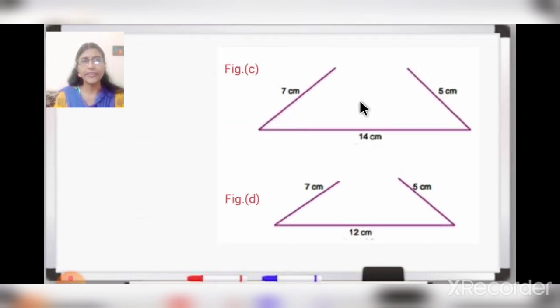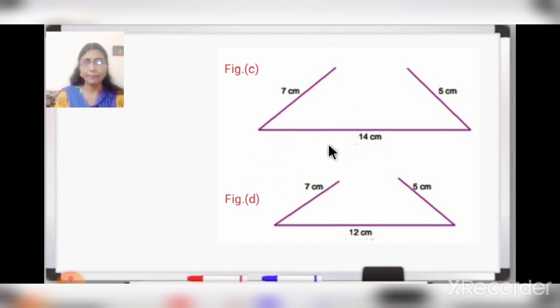Now these are the two figures. Here with the help of sticks you are going to stick them in your notebook. This is figure C, where the triangle will not be formed. Now here you can see this is 14 centimeter. If you cannot stick it horizontally, you can take one page and stick it vertically. This segment you can stick like this and the other two sides in this way.